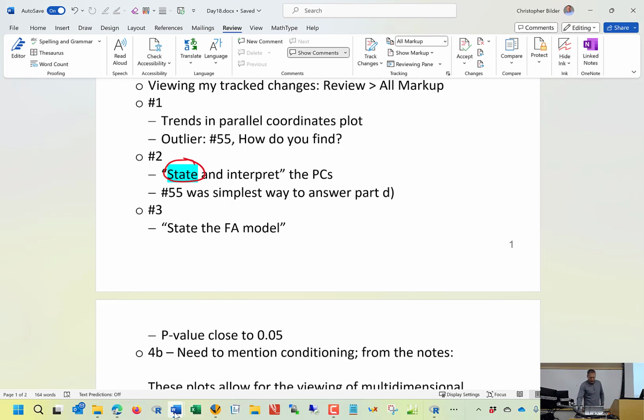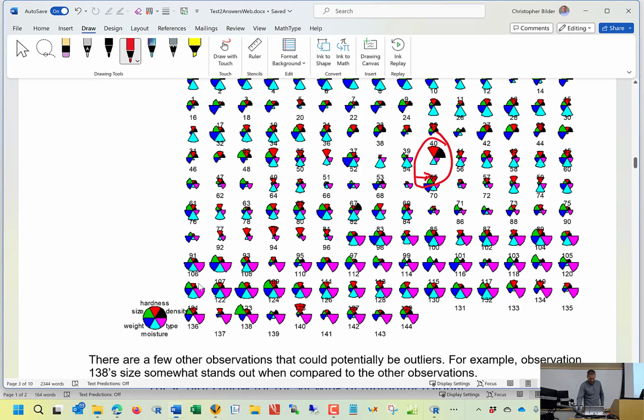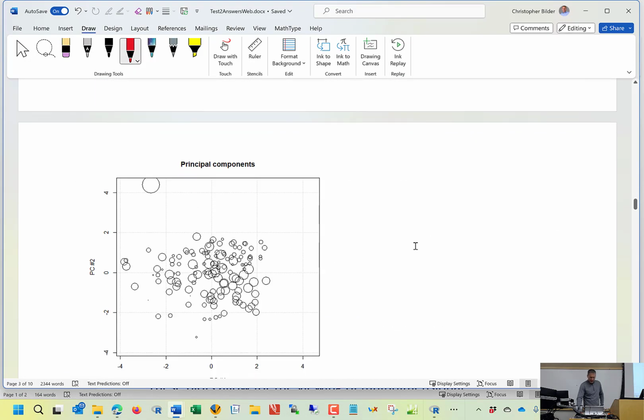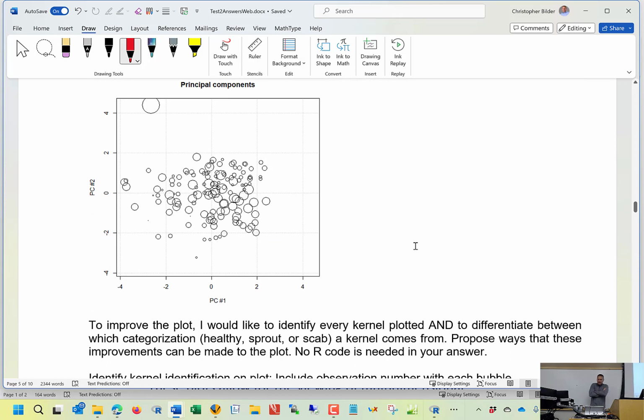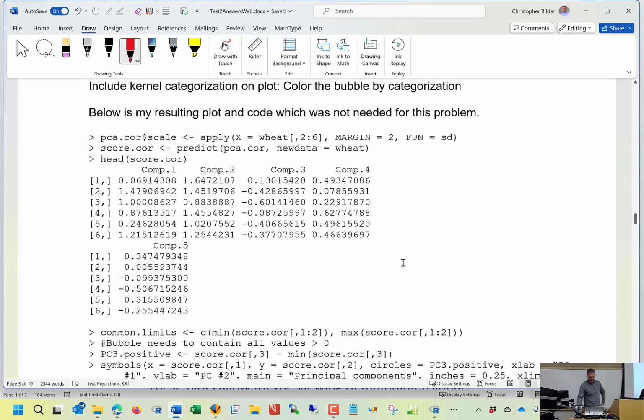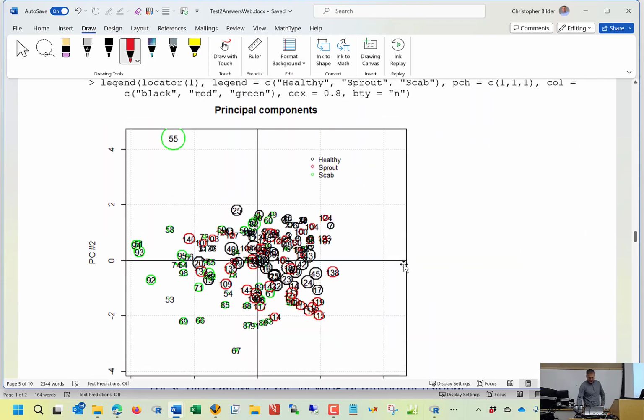But in number 2 here, I have this plot of the principal components that I gave you. Obviously, one thing really sticks out compared to everything else. In this particular problem, I asked, where is it?